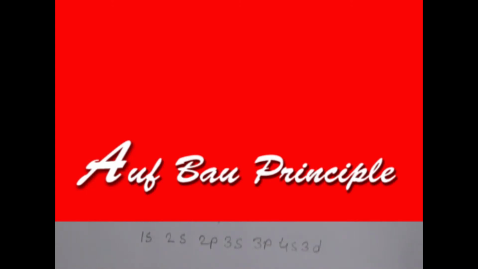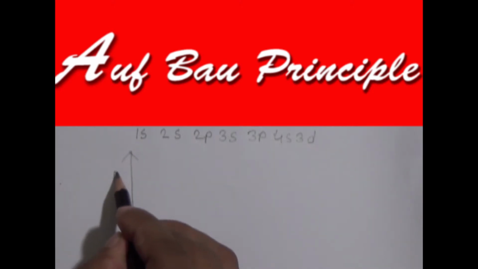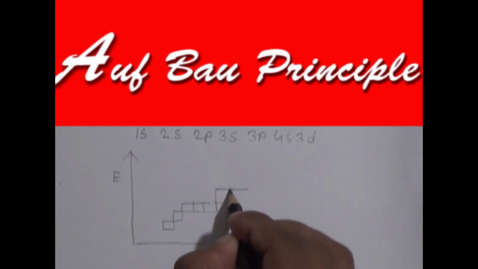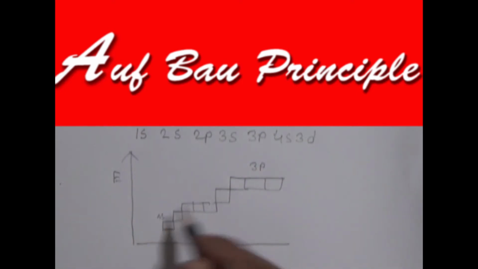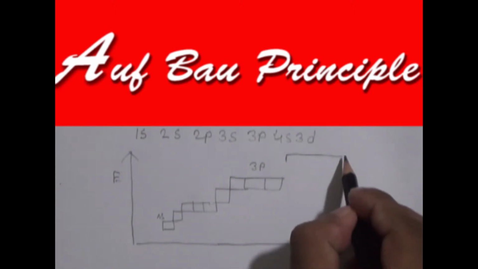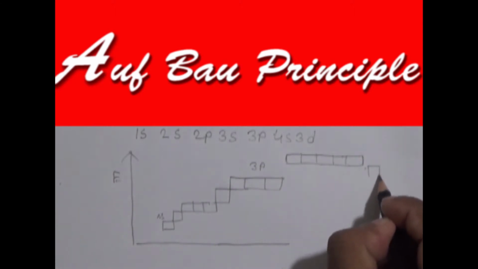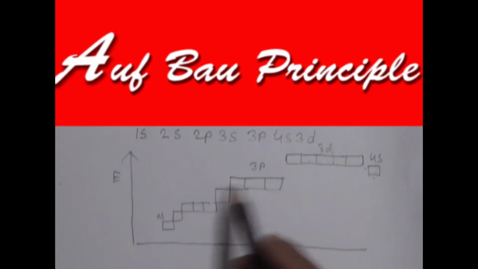Because if you see the orbitals with energy, we can see here, this is energy, and orbitals, this is 1s, 2s, 2p, 3s, 3p, then 3d and 4s. 3d has higher energy than 4s, but 4s is far apart from the 3d.